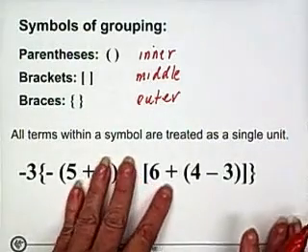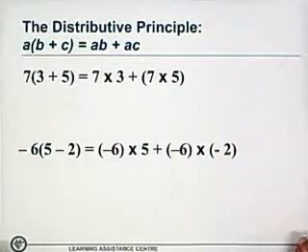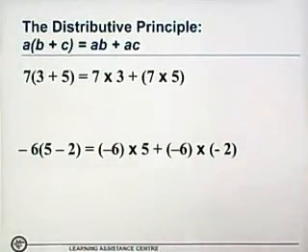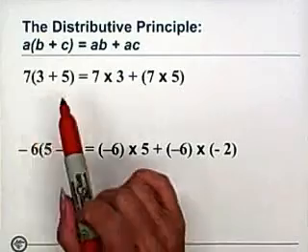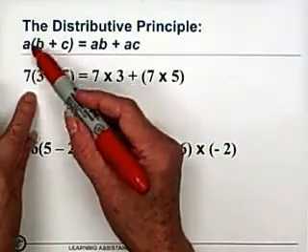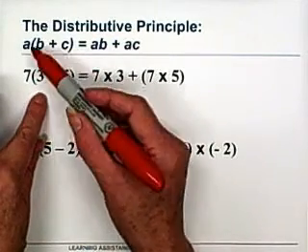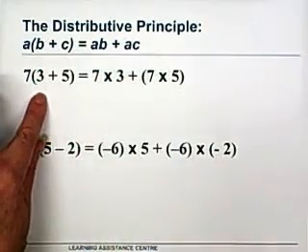Now, let's work on some of these. When we're using the distributive principle, it follows this formula: A, which is our first number, times B plus C. So this is what's in the bracket.